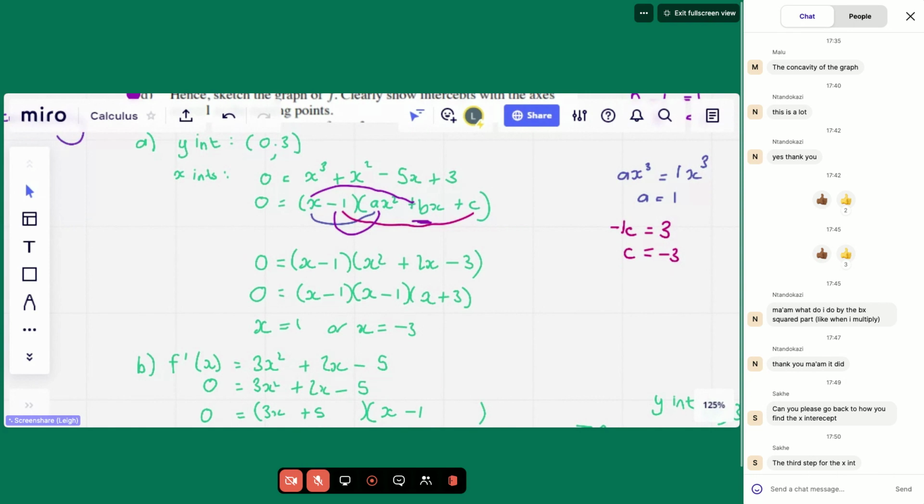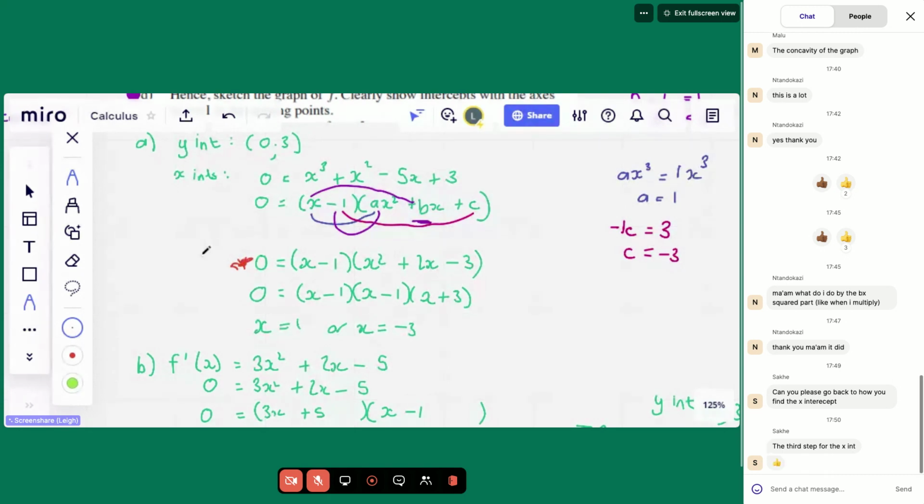The third step. Okay, so when you say the third step, Sake, do you mean the step over here where I've drawn a little squiggle? Okay, all right. So this trinomial over here comes from these calculations that I had done here on the right-hand side.